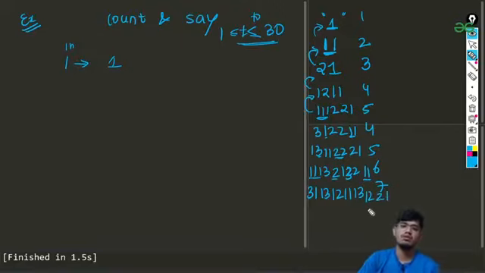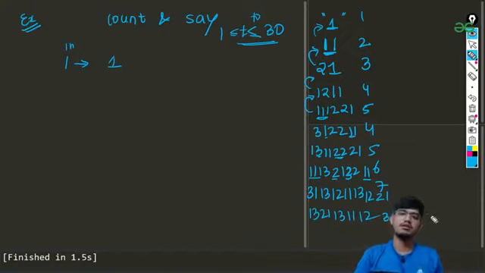That's how we'll be writing it. I hope this is very clear to all of you. And again we'll write 1 3, then 2 1s, then 1 3, then 1 1, then 1 2, then 3 1s, something like this. So this will go on. That's how we are going to be writing when the input is n.